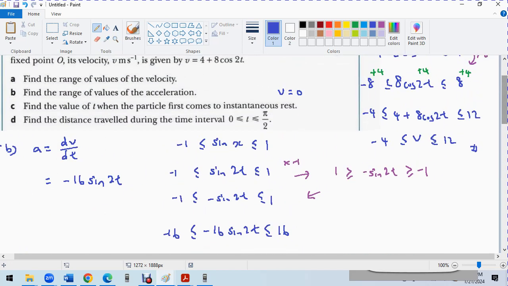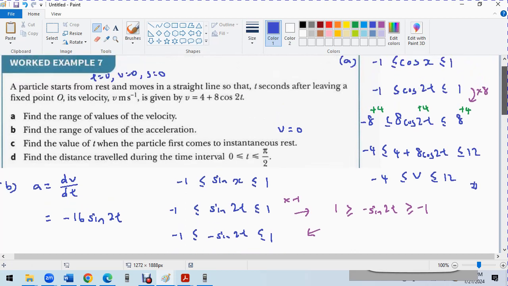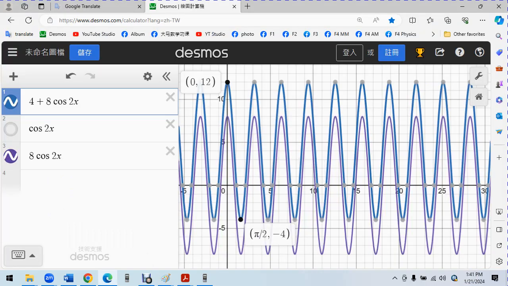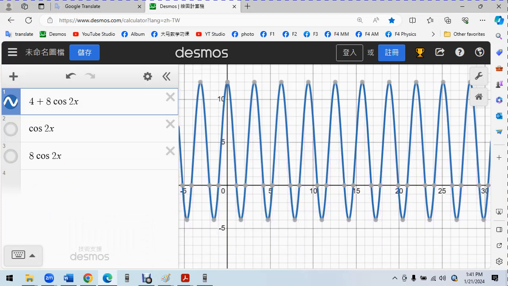Next, find the distance traveled during the time interval from 0 to pi over 2. Just now we have this cos graph. Pi over 2 is here, and pi over 3 is here.